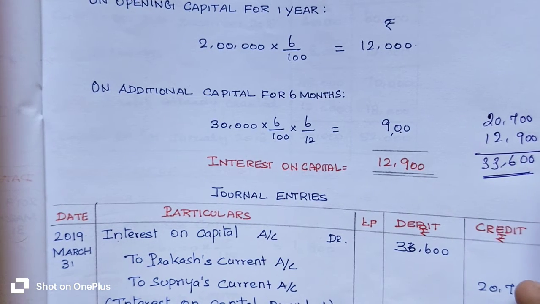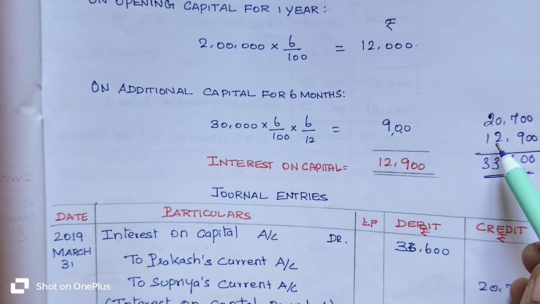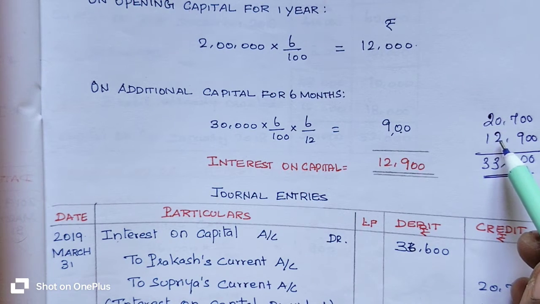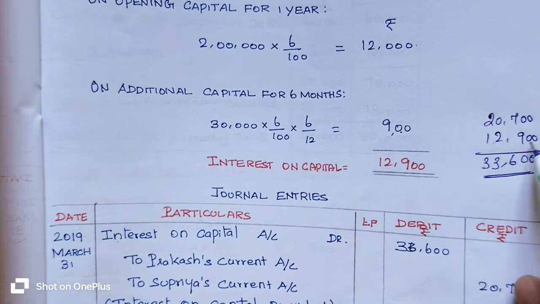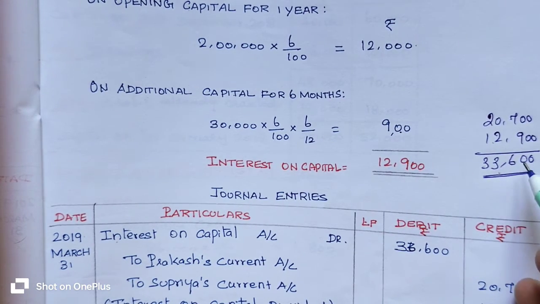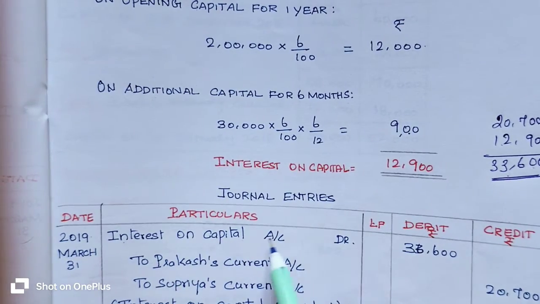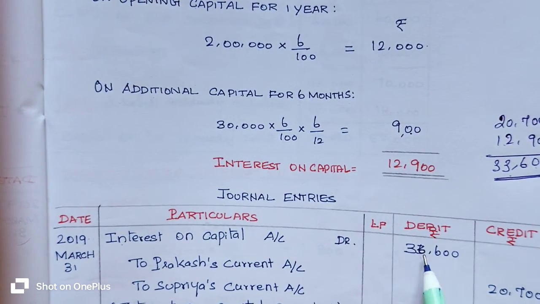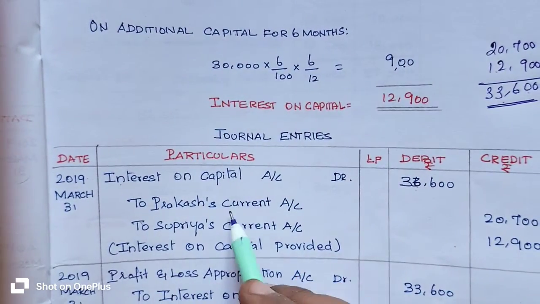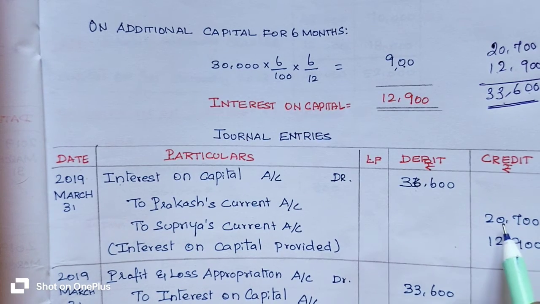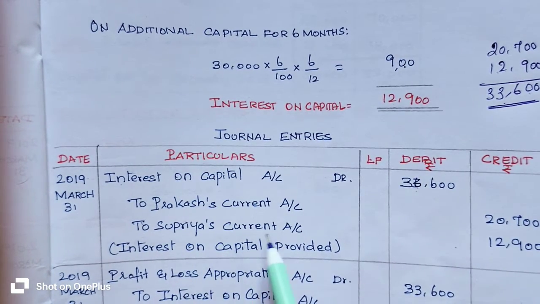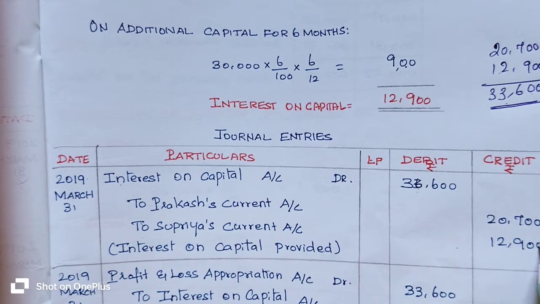Prakash received 20,700 interest from his capital and additional capital, and Supriya received 12,900 from additional capital and capital. We have to add both interests on capital. We will get 33,600 rupees. So interest on capital account debit 33,600 to Prakash's current account 20,700 and Supriya's current account 12,900 rupees.